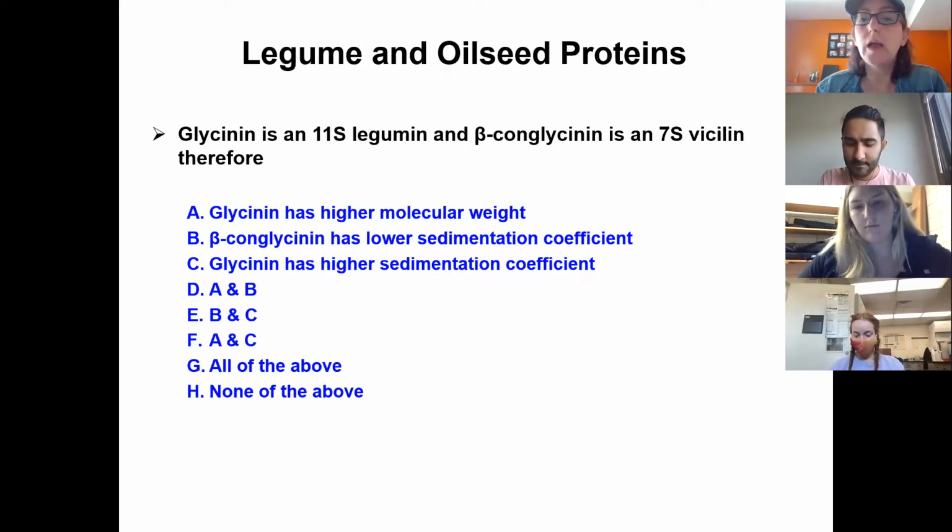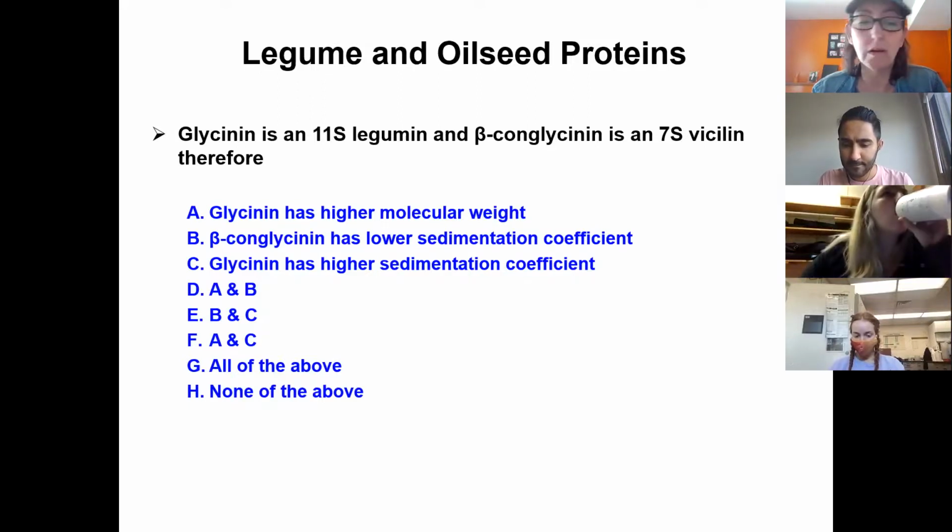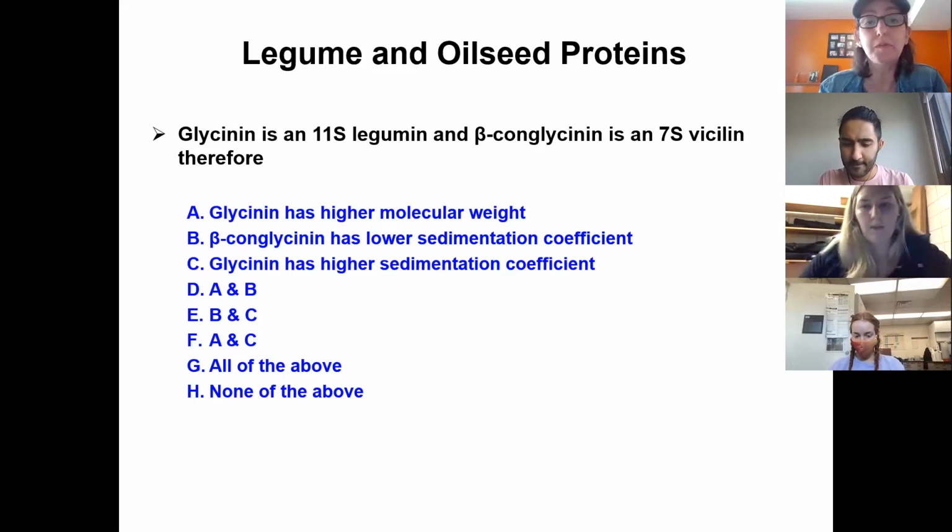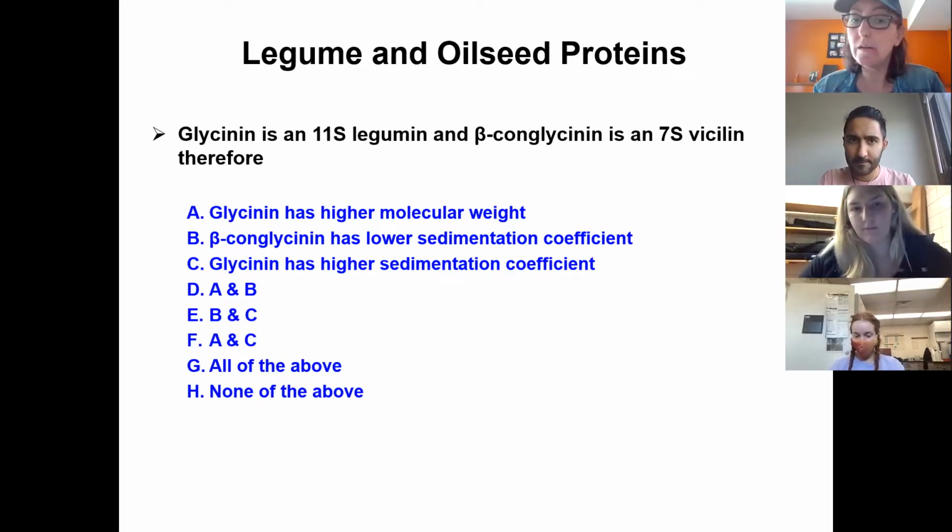Does it mean when you have a 7S, which is vicilin, also beta-conglycinin in soy specifically, that it has lower sedimentation coefficient, or glycinin has higher sedimentation coefficient? And what is sedimentation coefficient? Maybe we can start with, what do we mean by S, the unit S, or sedimentation coefficient?